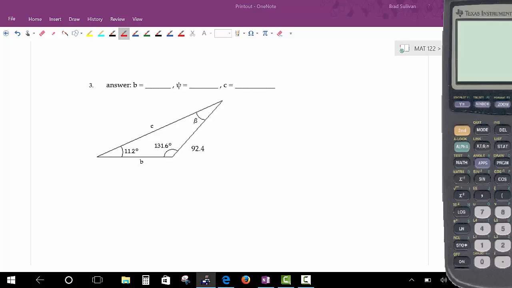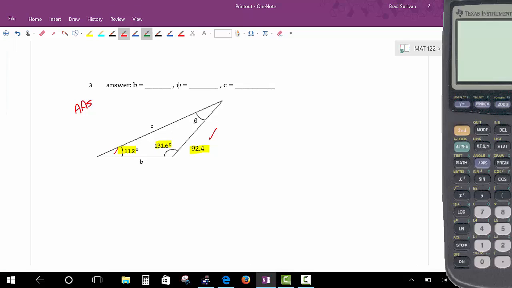First thing we're going to do with this one is, again, I've given an angle-side case is what this one is. And the reason we're going to be able to use the law of sines is because ultimately we have a side and then we have the opposite angle, like this. So we have enough to use the law of sines on.